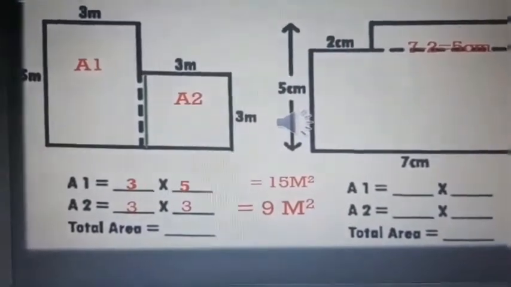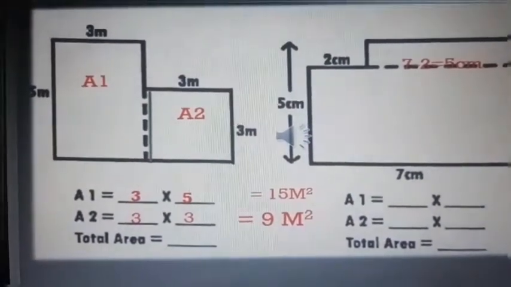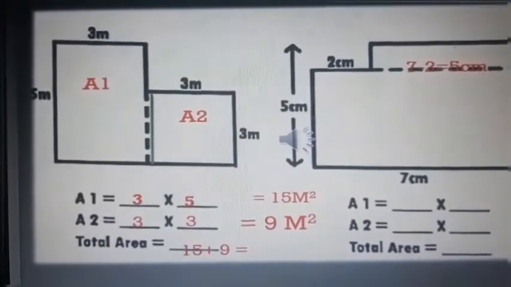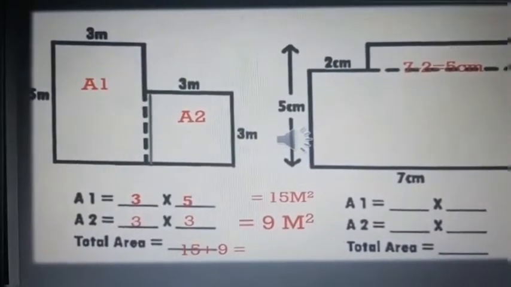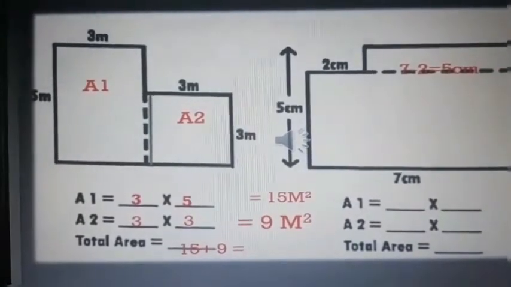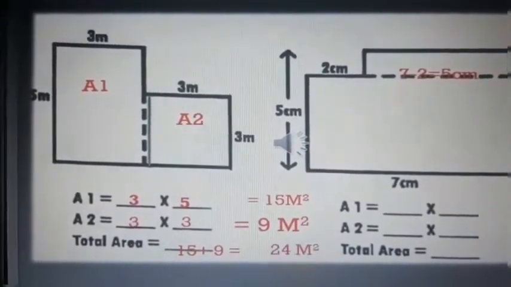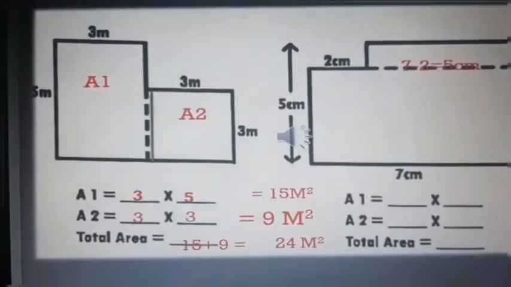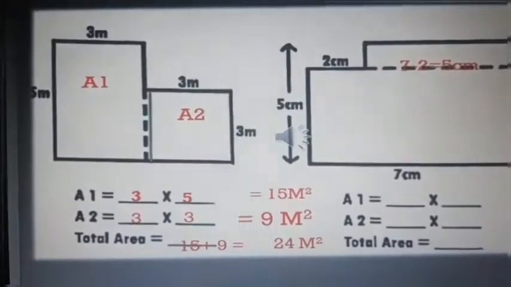Now how do we get the area of the complex shape? We add them, so I will add the 2 areas. 15 plus 9 equals, yes, 24 meters squared. This is the area of the complex shape.